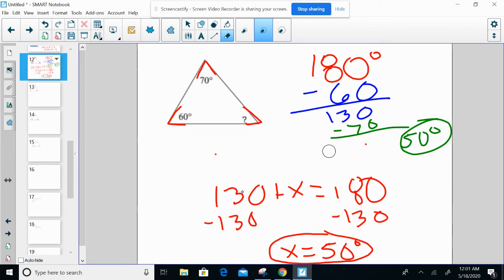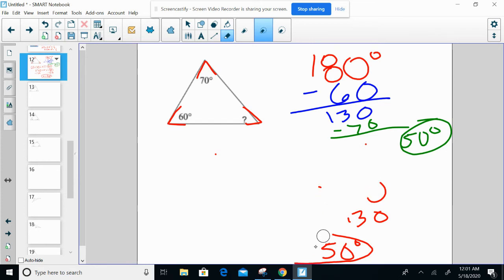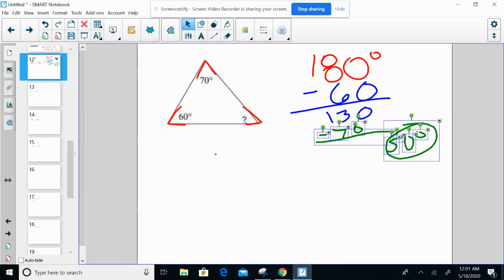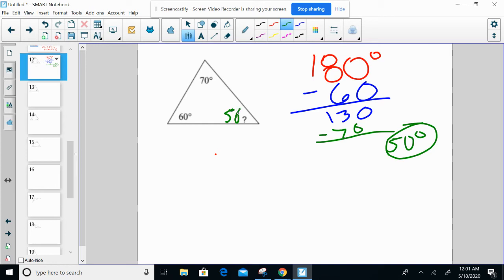You can just take away. Now, we are going to have to set it up for other problems, and I'll show you what I mean. But for right now, look at that. You can just take the angles away from 180 to get your missing angle. So that means that this angle right here is 50 degrees.